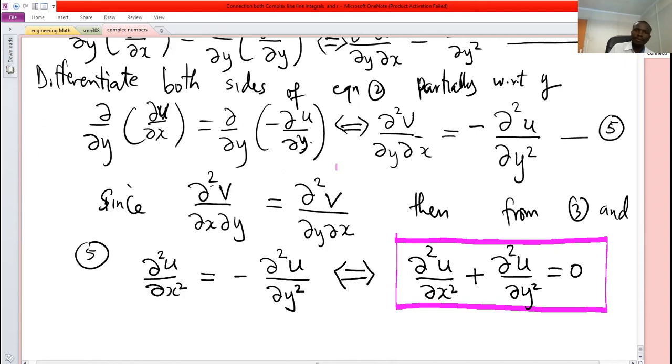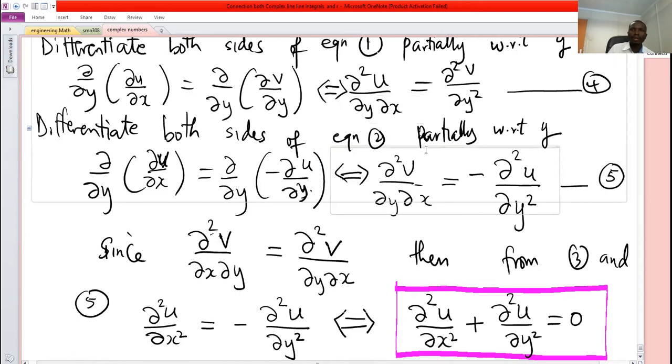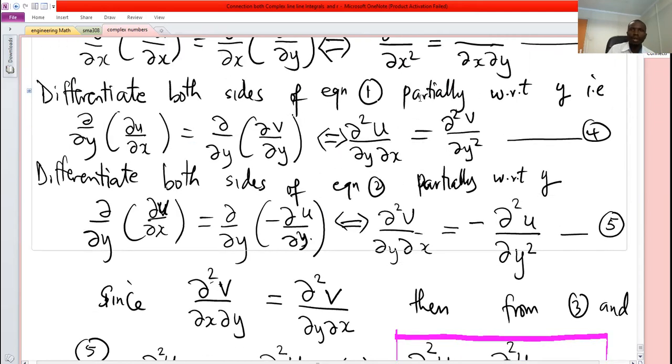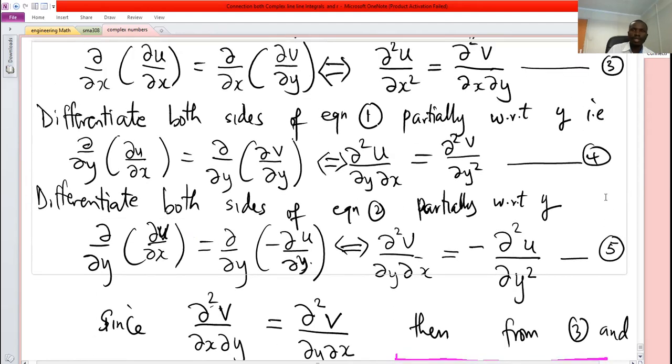Similarly, we differentiated 1 with respect to y.